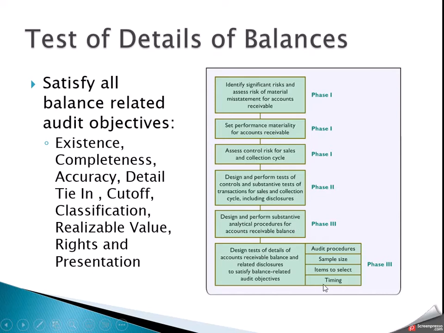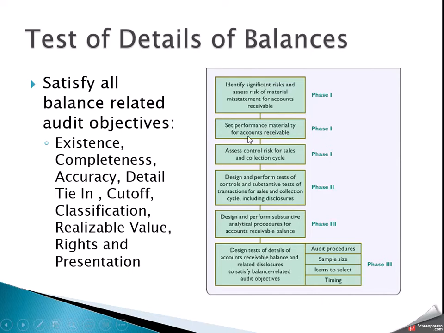And then this is, again, the different phases, which we'll talk a little bit about on the next slide as well. But these phases tie back to the audit process itself. So we identify the significant risks and assess risk of material misstatements, but now we're talking specifically for accounts receivable because we're in the sales transaction section.